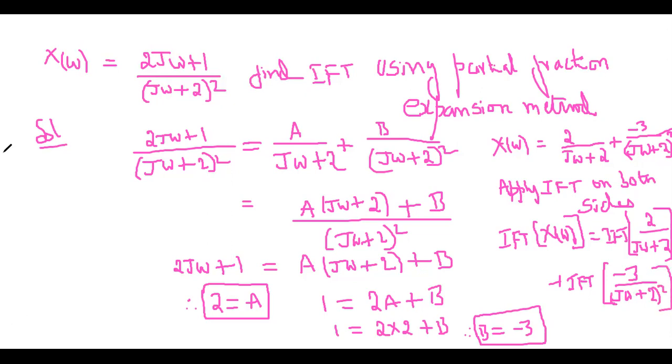Okay. We already know the Fourier transformation of e power minus at mu of t. What is the Fourier transformation, my dear students? It is 1 by a plus j omega. And t into e power minus at mu of t, what is the Fourier transformation?